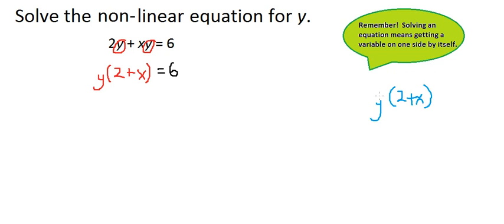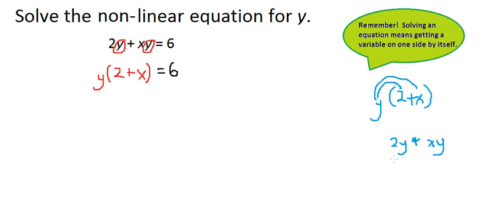So distribute that. y times 2 gives you 2y, and y times x gives you plus xy. You can see that's exactly what you started off with, 2y plus xy. So you know you pulled this out correctly, because when you distributed it back in, you got the same answer.